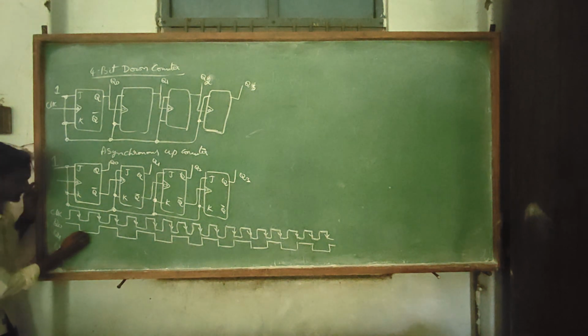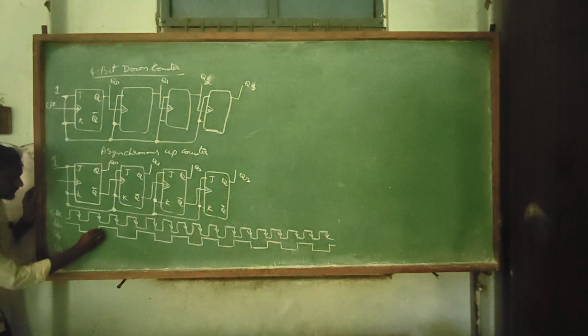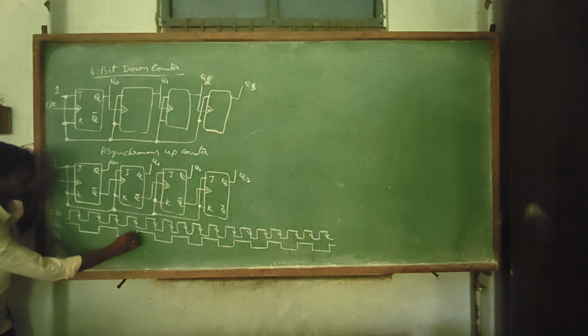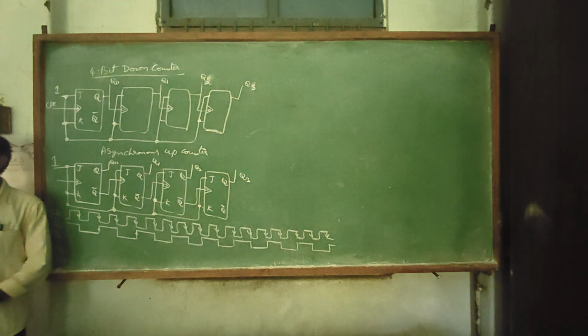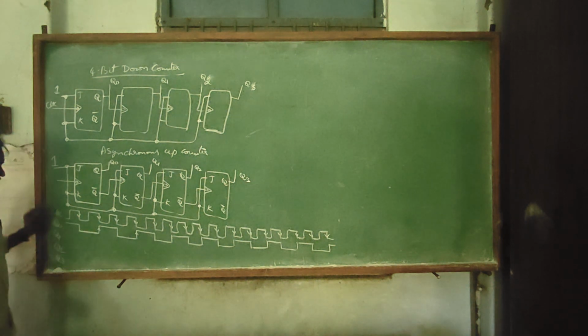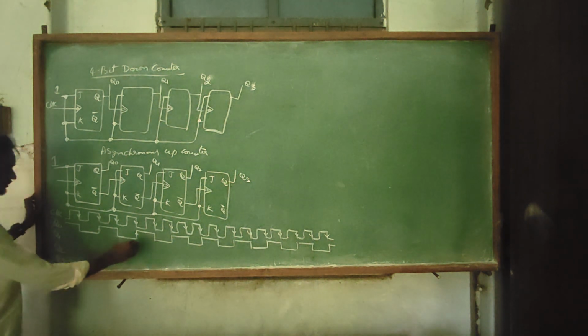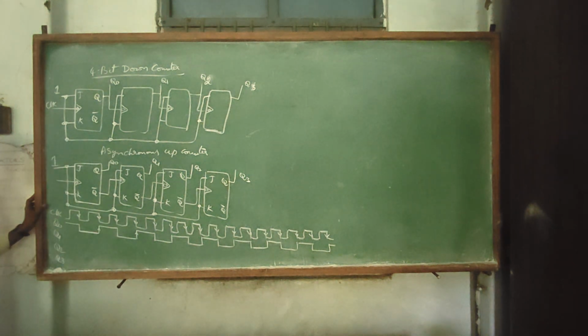So when Q0 is low, Q bar is high, and at the rising edge, Q1 changes its state.